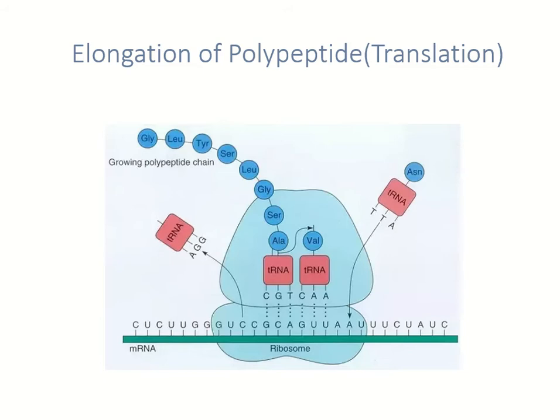Here you are seeing the growing polypeptide chain and the new tRNA bringing the new amino acid, the released tRNA, and the incoming transfer RNA according to the sequence of codons on the mRNA.